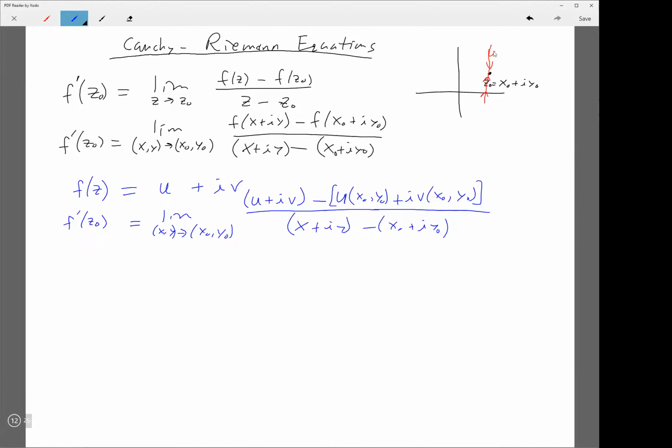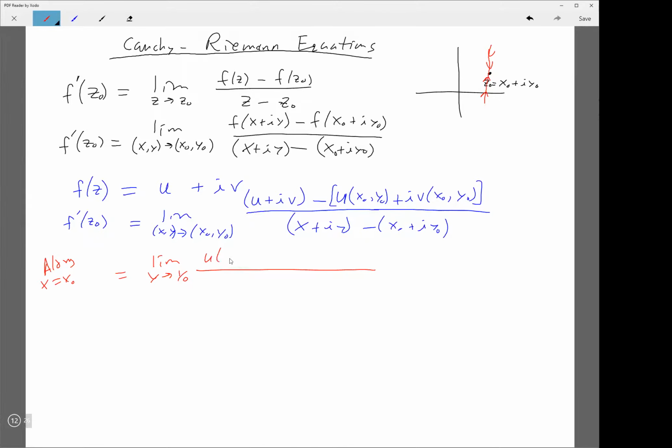Okay, so if you go along the red, that's along x equals x naught. Then you're setting your x equals x naught already. So then you're going to have the limit as y goes to y0.